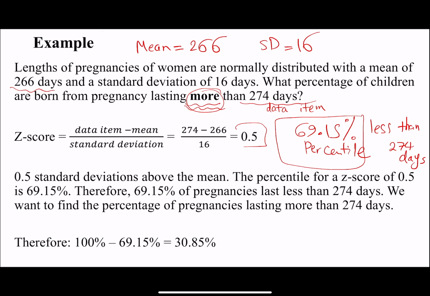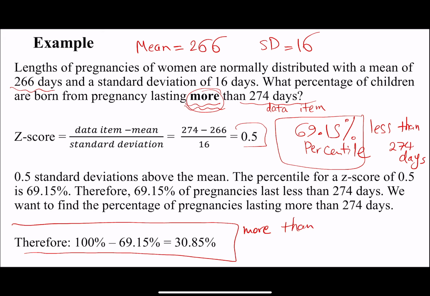So 100 minus 69.15 is 30.85%. So that's the percentage of pregnancies that last more than 274 days. So be careful. If it's less, that's your percentile. If it says more, you need to subtract the percentile from 100, right?